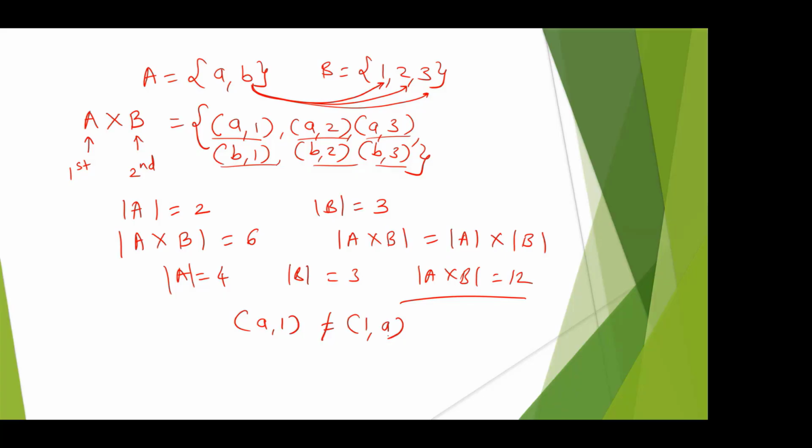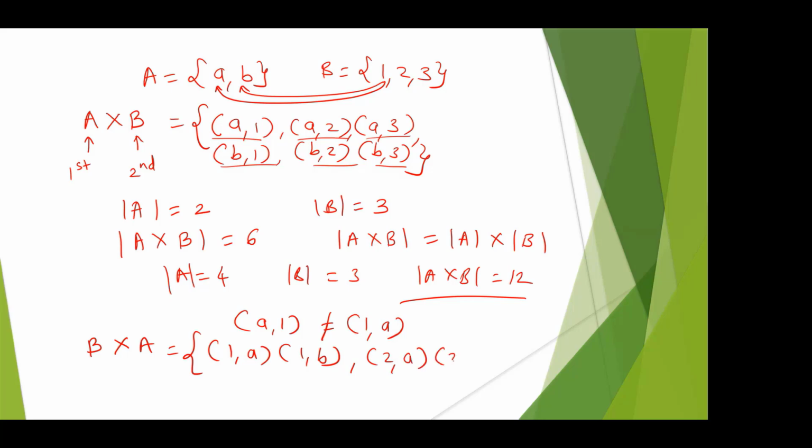If I say 1A, it means my first element is coming from set B and the second element from set A, and that will never be part of A Cartesian product B. That will be part of B Cartesian product A. If I take B Cartesian product A, my first element will come from B. So with 1, I can have 1A, 1B. Similarly with 2, I can have 2A, 2B.